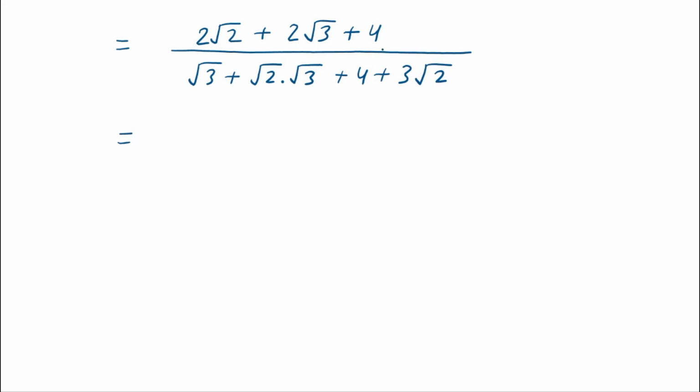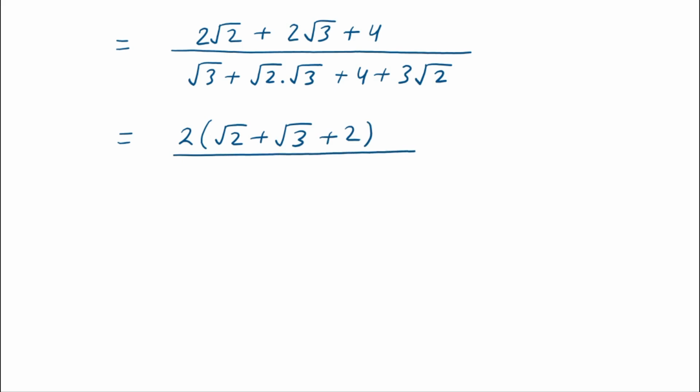Look carefully in the numerator part. If we take common 2, because 2 is a common factor, then 2 times square root of 2 divided by 2 gives square root of 2, plus 2 times square root of 3 divided by 2 gives square root of 3, plus 4 divided by 2 gives 2.